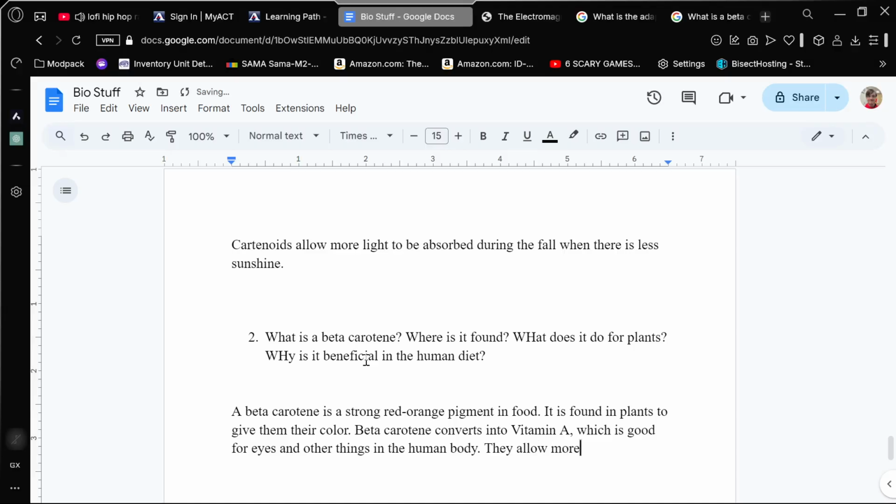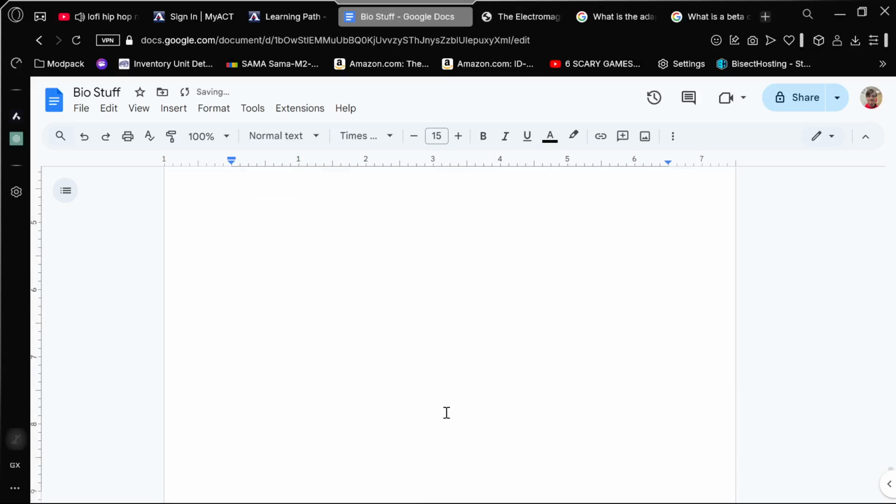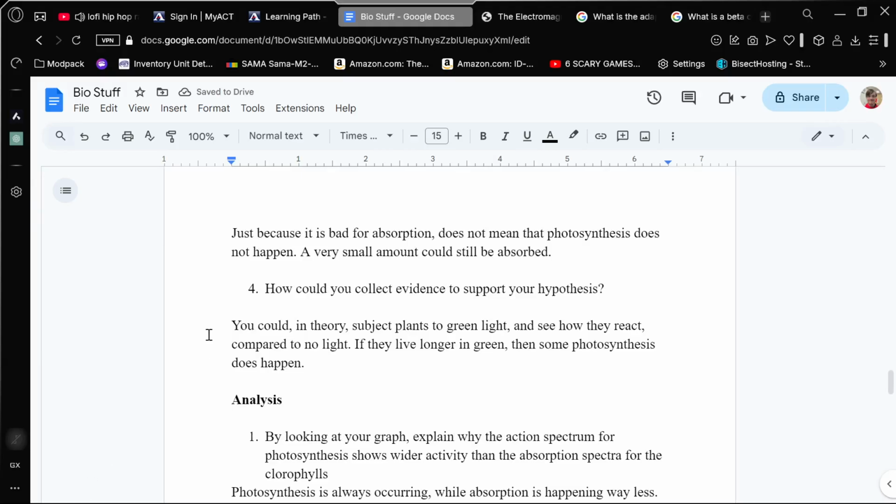They allow more light to be absorbed for plants. And then, guess what? We're done. That is all that was on today's assignment.